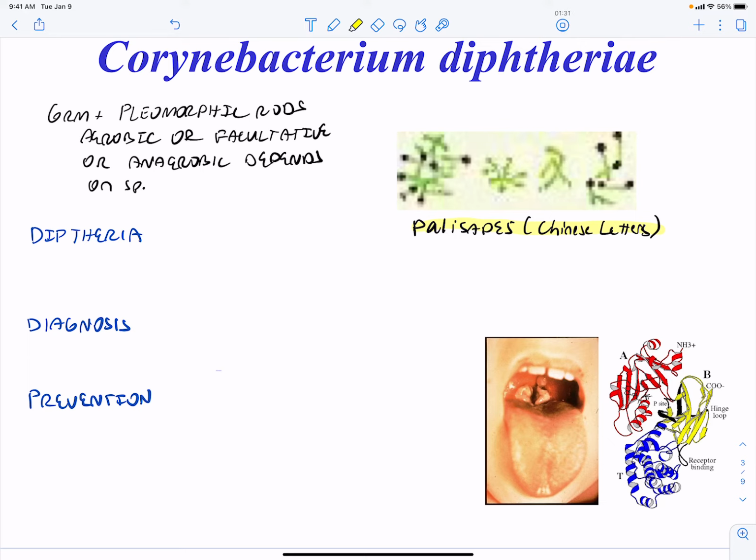Now, diphtheria itself is going to cause a grayish pseudomembrane to cover the tonsils, pharynx, and larynx. So you get a gray pseudomembrane. And this can really cause suffocation if it's not treated or if it covers too much.